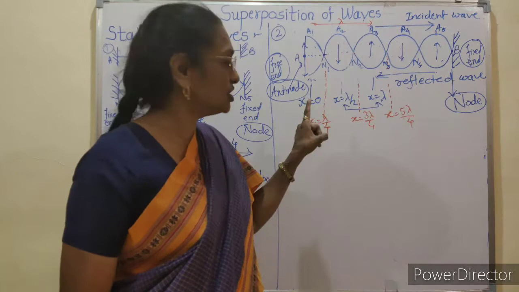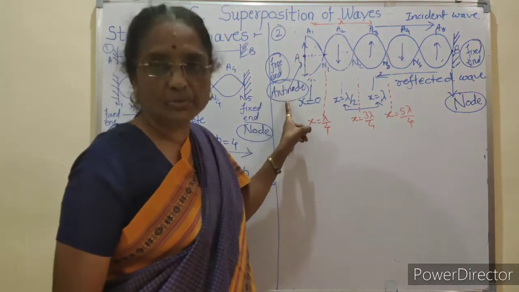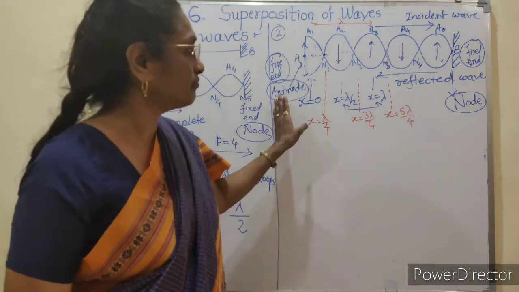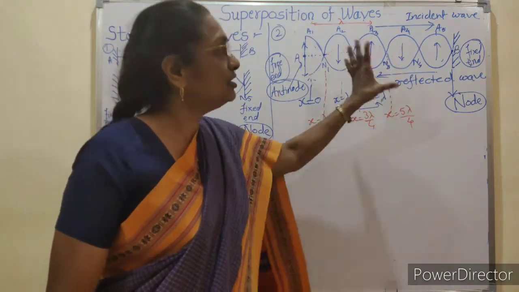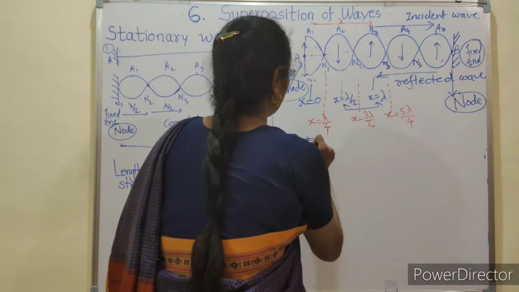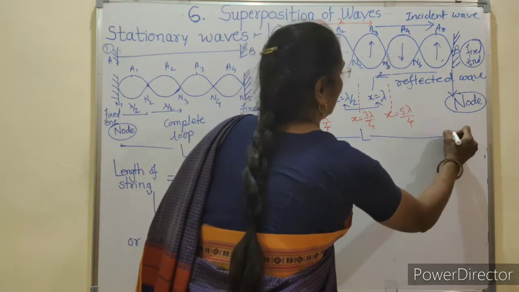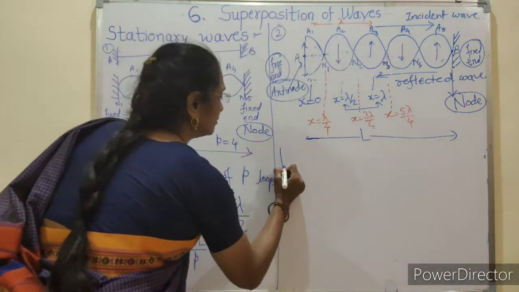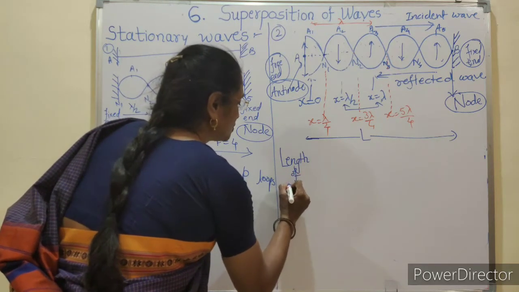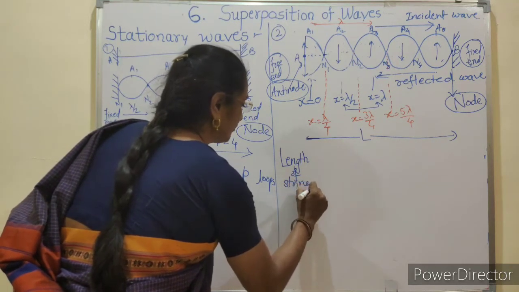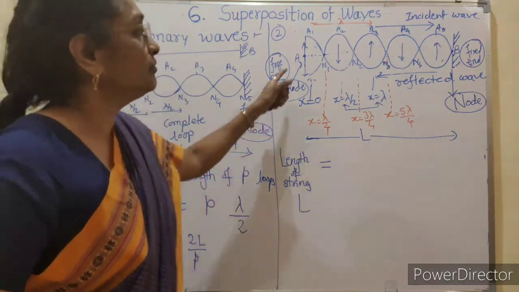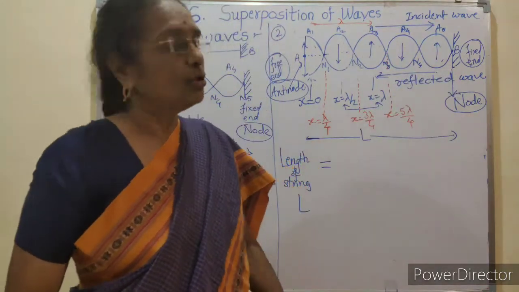But the boundary condition is that at the free end there must be an antinode, and at the fixed end there must be a node. Now in this case also we take the length of the string as L. We can write the equation again like this: length of string equals L, and we have to equate it for the number of loops.